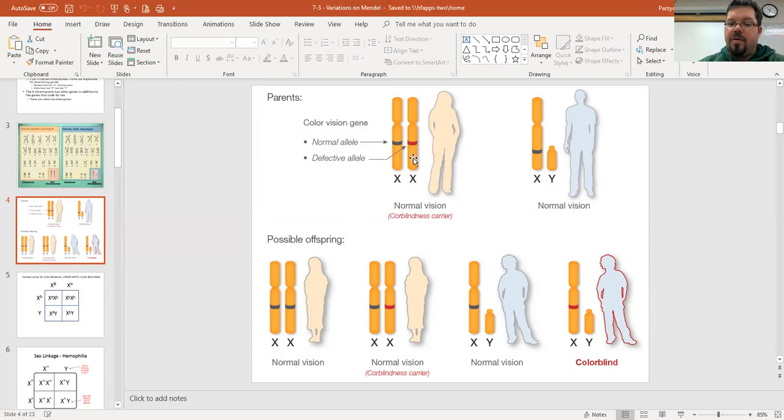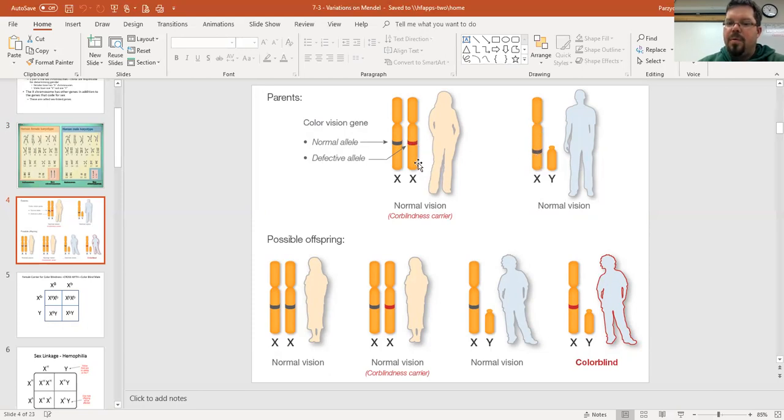If color blindness runs in a family, females are most often going to be carriers. Males are more likely to end up having color blindness because they only have one X chromosome.